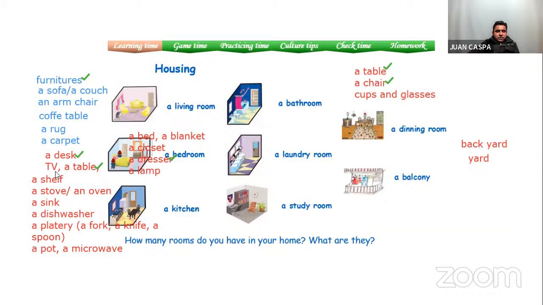Yeah, those things, right? But anyway, it's vocabulary. This is something about vocabulary. Let's continue with the next one now.